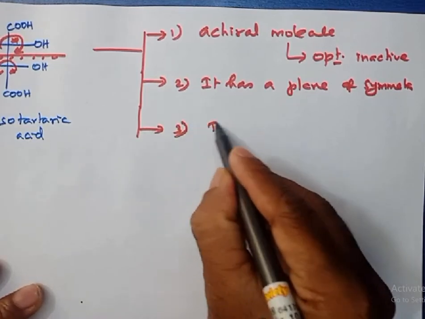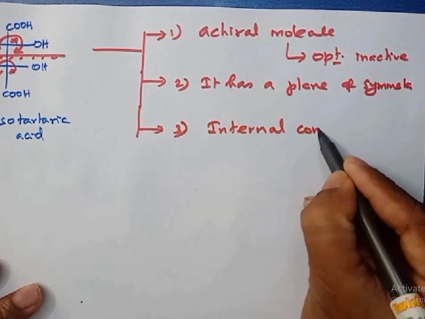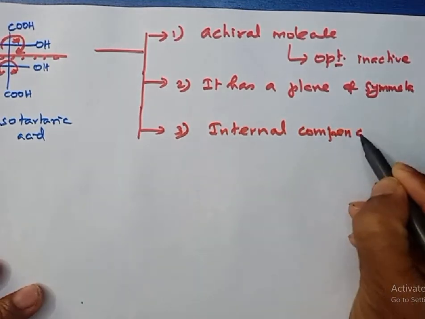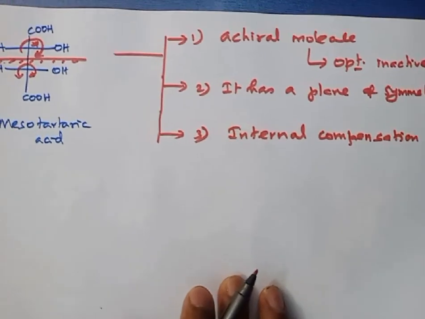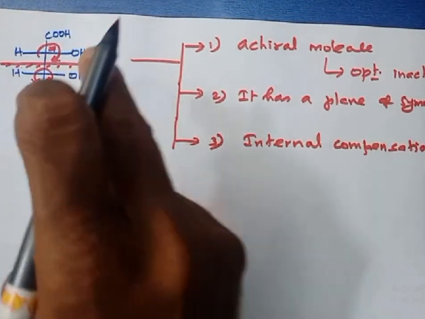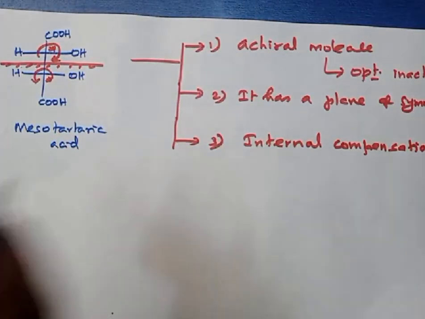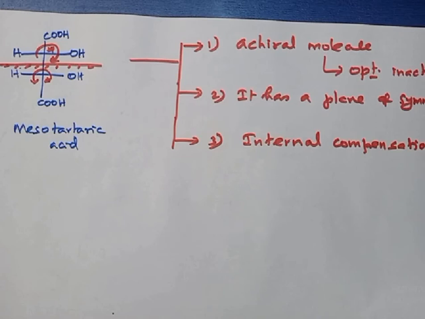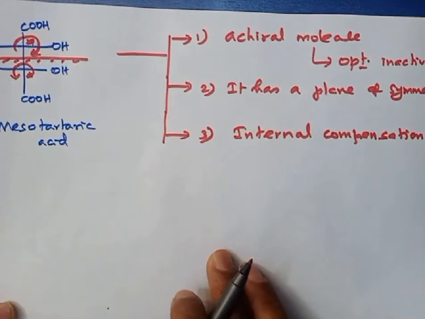Why is it called internal compensation? One rotation is compensated by the other chiral carbon. Both chiral carbons are present in the same molecule. That's why it's called internal. Due to internal compensation, this molecule is optically inactive.